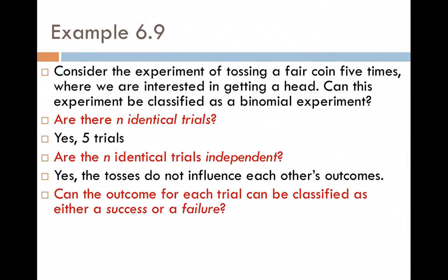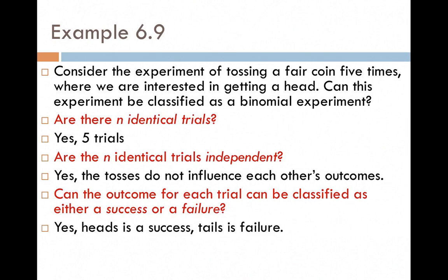We're interested in getting heads. So getting heads in this case is considered success, and getting tails would be considered failure. So if we flip the coin 5 times, the outcomes can either be heads or tails. Anytime it's a heads, it would be considered success, and anytime it's tails, it would be considered a failure. So we satisfy this condition. Heads is success, tails is failure.